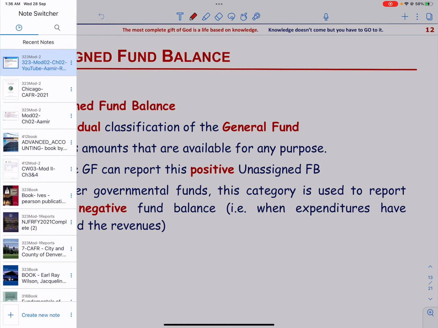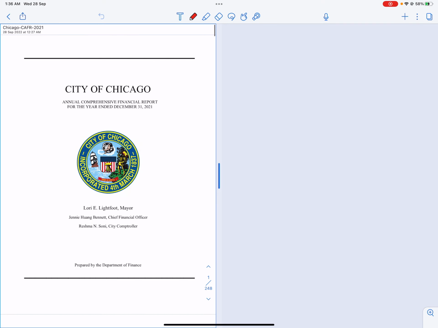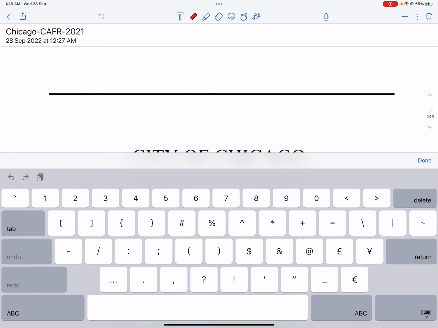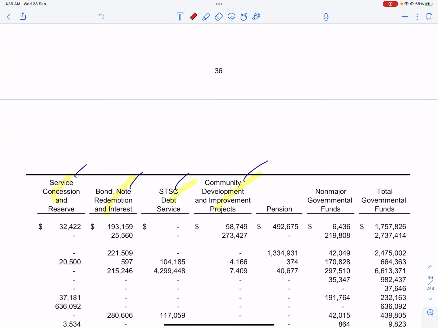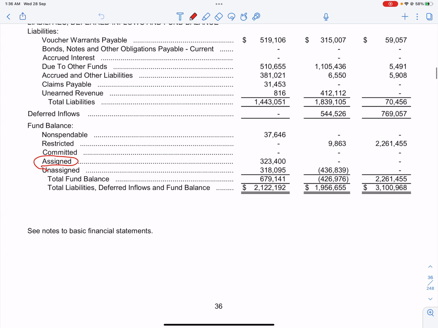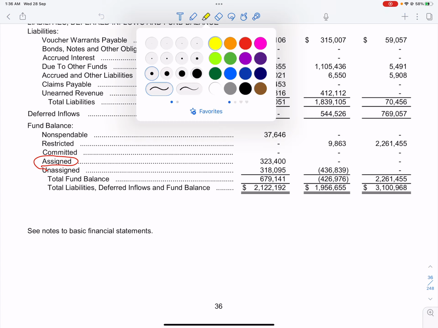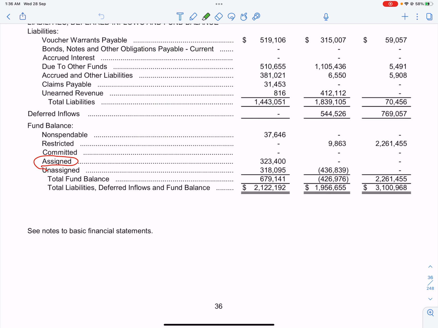I would like to show you again something interesting. If you look into the unassigned fund balance, it is only the general fund that can have the unassigned, and under the general fund you can see it is positive.